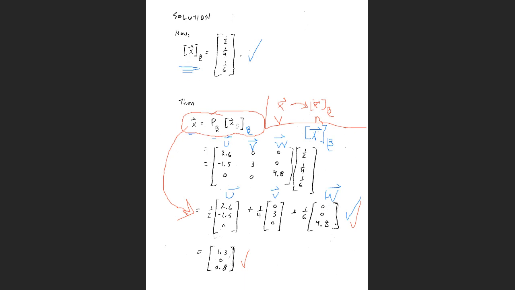I have that switched. It should be like this. You're taking the coordinate vector and mapping it to the vector x. It's a mapping, right? Every vector x with respect to the standard basis comes from a coordinate vector.